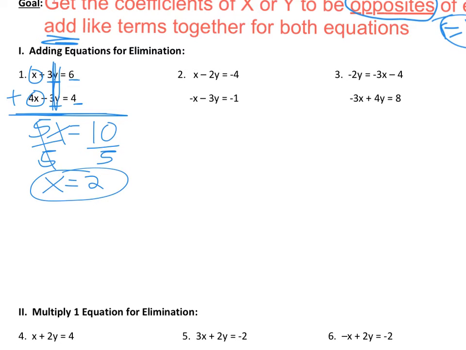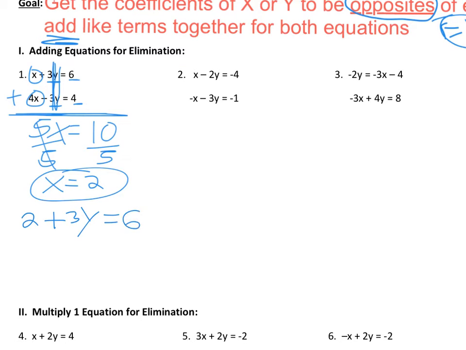Now, to get the y value, we're actually going to go back to the substitution method. I could plug in this x equals 2 for either this x or this x. I'm going to plug in this one just because the numbers are smaller. So I'm going to substitute 2 in for this x. When I do that, I'm going to have 2 plus 3y equals 6.